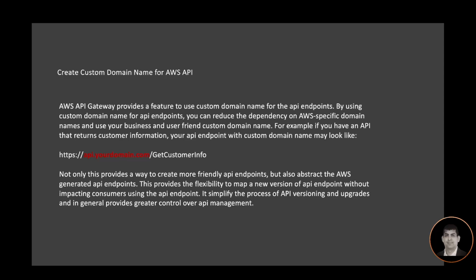For example, if you have an API that returns customer information, your API endpoint with a custom domain name may look like https://api.yourdomain.com/getCustomerInfo.